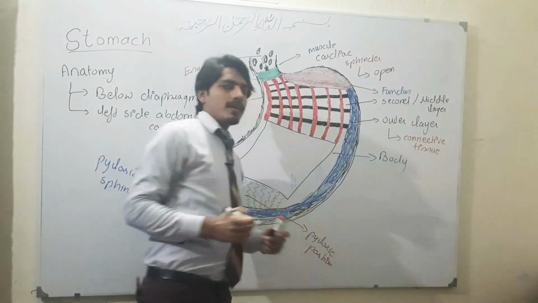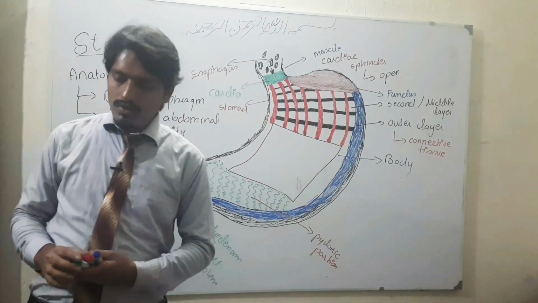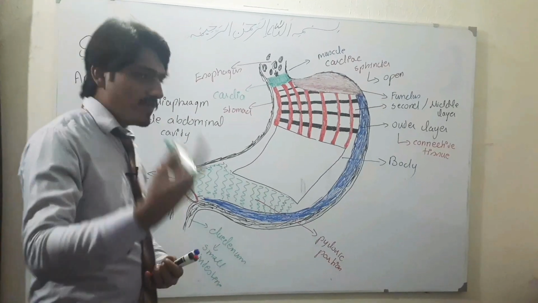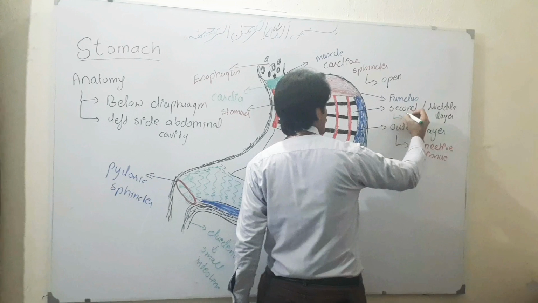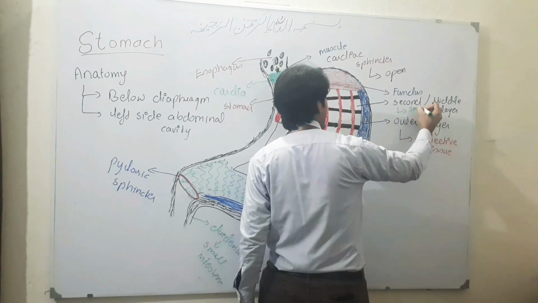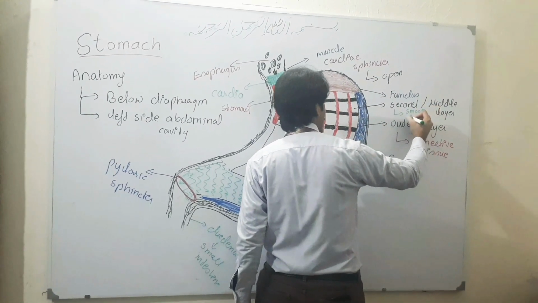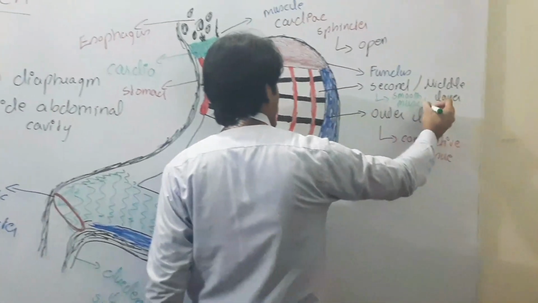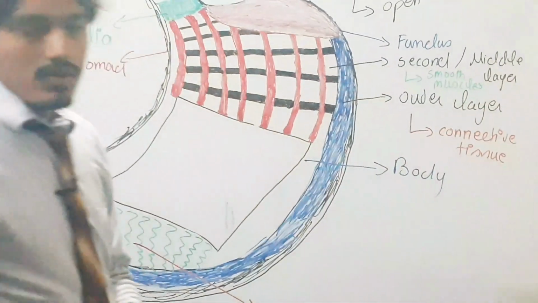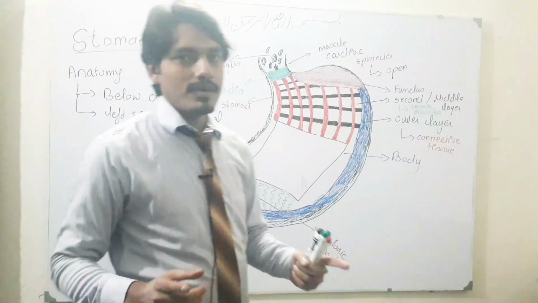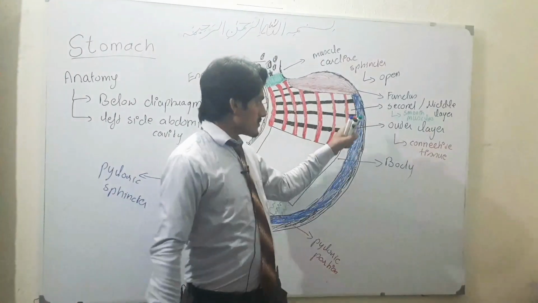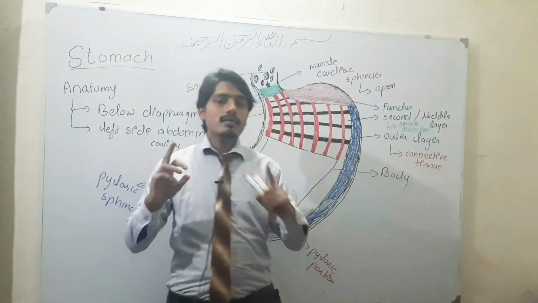If I talk about the composition of the second or middle layer, the middle layer consists of muscle. That muscle is called smooth muscle. You know that there are three muscles present in our body. The first is skeletal muscle, the second is smooth muscle, and the third is cardiac muscle.